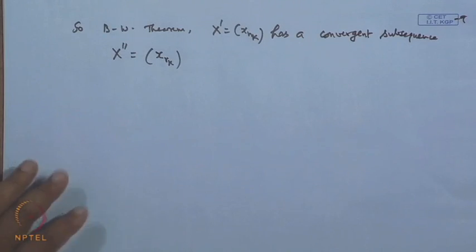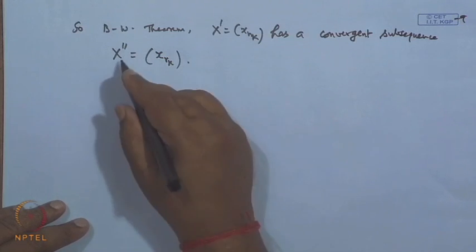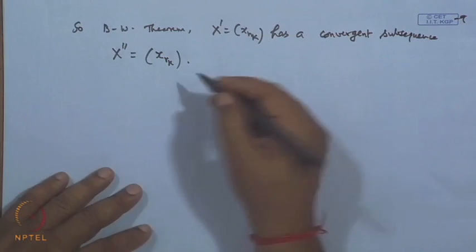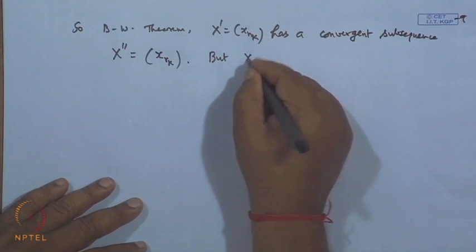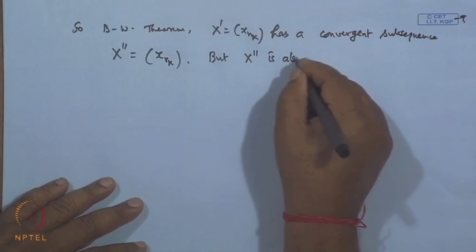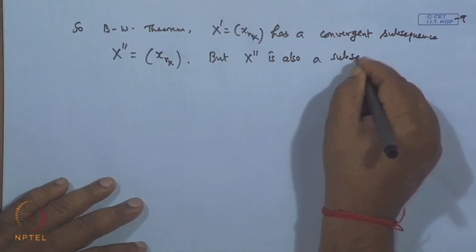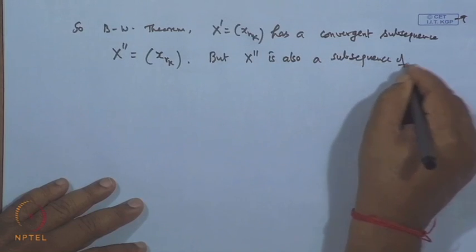But this x double dash is also a subsequence of x, since its elements are elements of x.